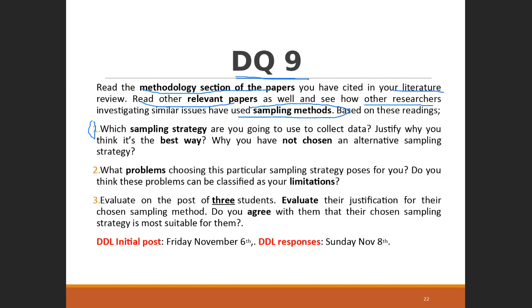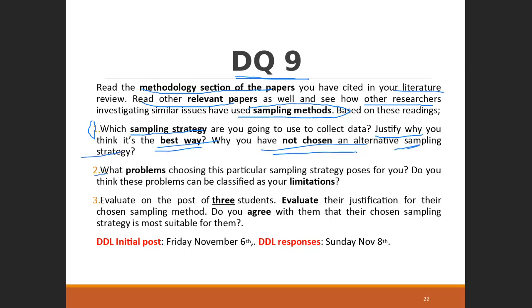First of all, depending upon your research problem and existing evidence, which sampling strategy are you going to use to collect data? You need to be clear about which sampling strategy you are going to use. Justify why you think it's the best way and why you have not chosen an alternative sampling strategy. This is the first part of your DQ.